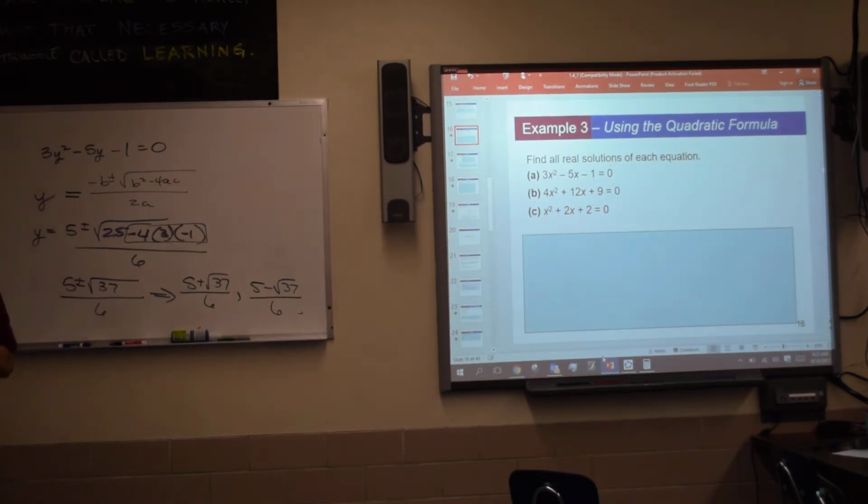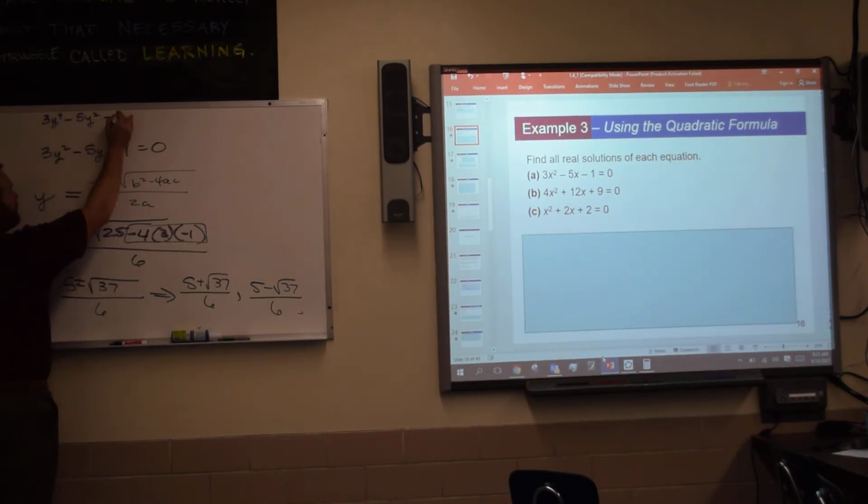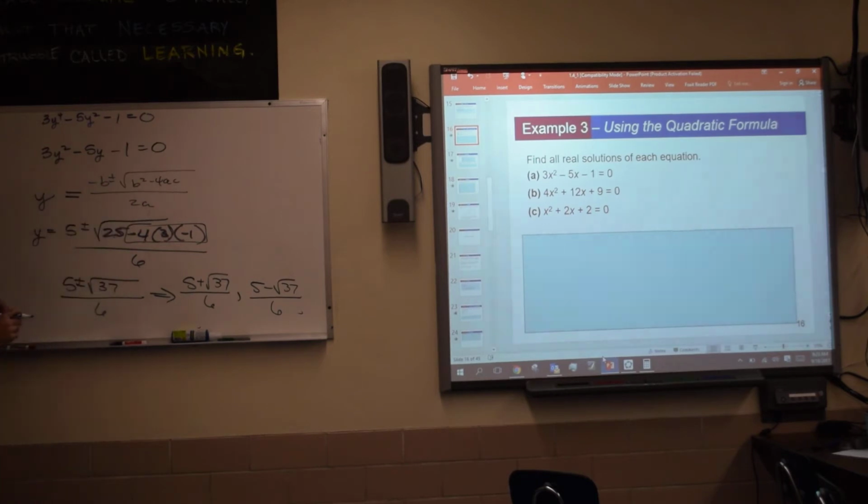At some point this year, we're going to get into this. And this is why I talk about this now, is that we'll eventually have 3y to the 4th. Just stay with me here. 5y squared minus 1 is equal to 0. Okay? Is that the exact same thing I started with, but I've squared the y's?